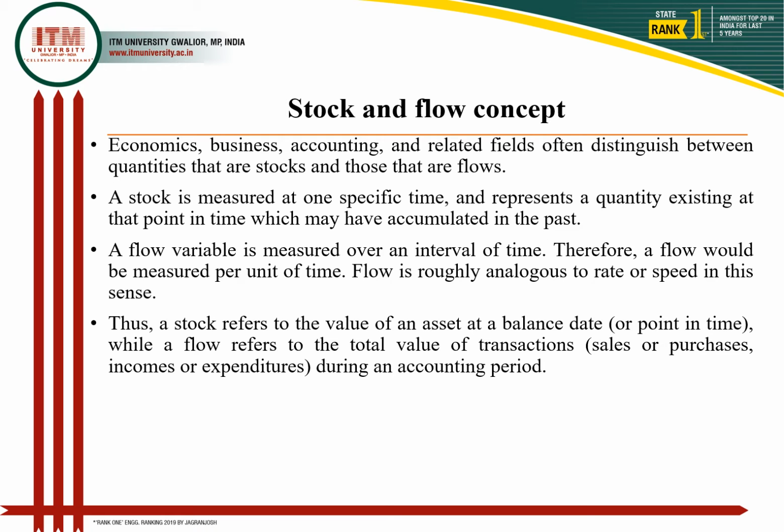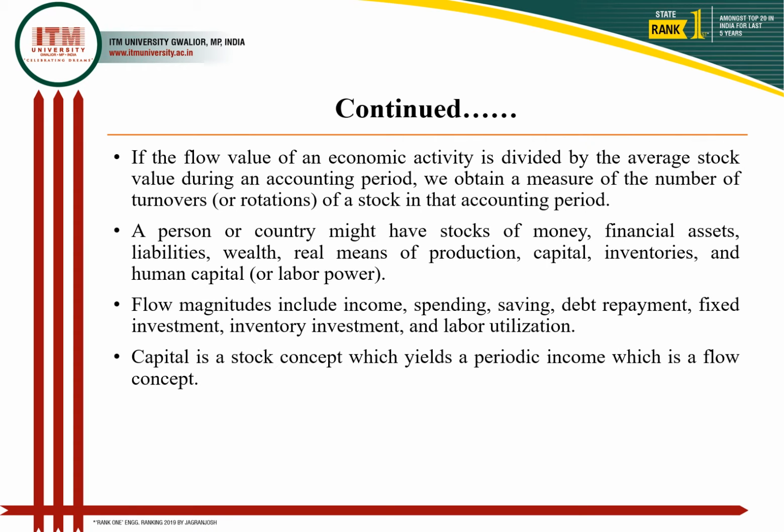Similarly, the total expenditure carried out by a family in a year or a month, and the quantity of grains that have been produced. Similarly, national income is also a flow concept. So we can differentiate the flow concept and stock concept very well.